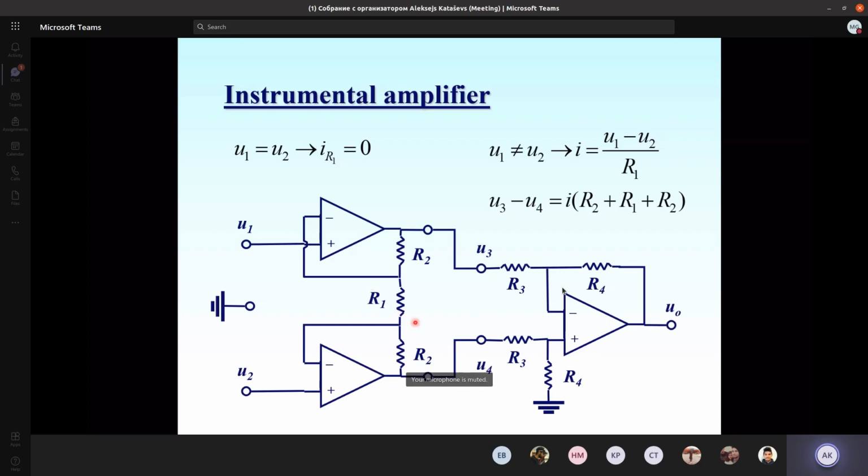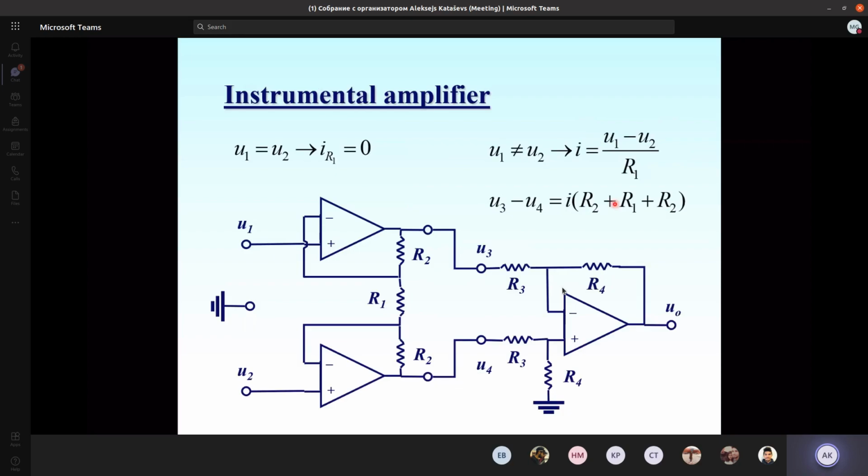The same current has to flow through both resistors R2. And then the total voltage between this point and that point is the current that flows through the whole chain times the resistance of the whole chain. So the voltage U3 minus U4 is equal to the current, U2 minus U1 divided by R1, times R2 plus R1 plus R2. The result is not written here, so I have to write it down.